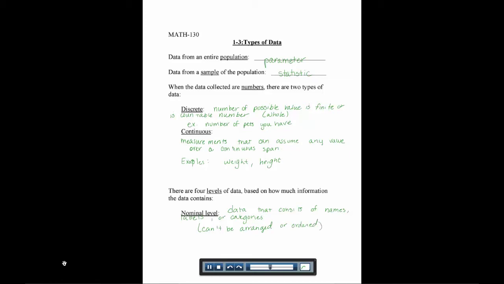They're things like eye color or hair color. But just because someone has blue eyes doesn't make that better than brown eyes. They're things that can't be ordered. So some examples would be genders or nationalities or your political party affiliation, things like that, where you can ask people a question or get data, but you can't rank them in any way.